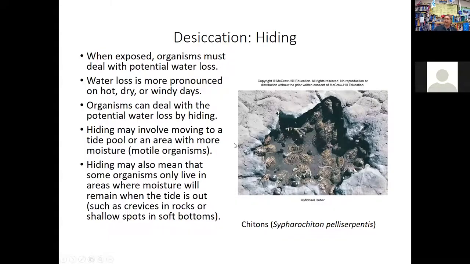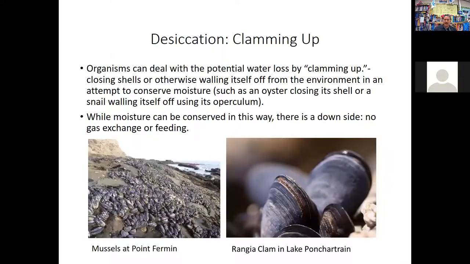It might be that there's a dip in the rocks that causes a small deformation in the stone, and so it forms a pond that has enough water that lasts throughout the cycle. So yeah, some of these guys will move to places that have water.